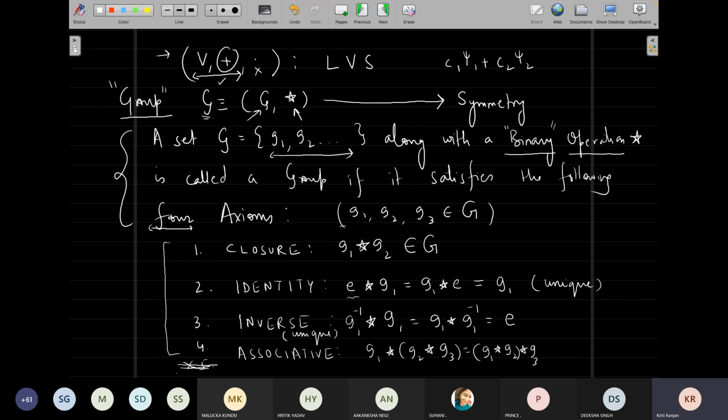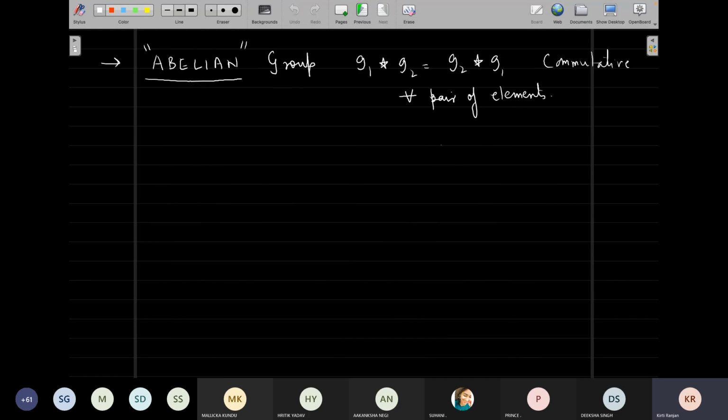The identity, which is a unique single element, is also commutative. But it may not be generally true for other elements. Even if it is not true for a single element, we cannot call that group an abelian group. So what is the interesting thing about the abelian group? All pairs of elements belonging to G will follow this rule, which is what we call the commutative rule.